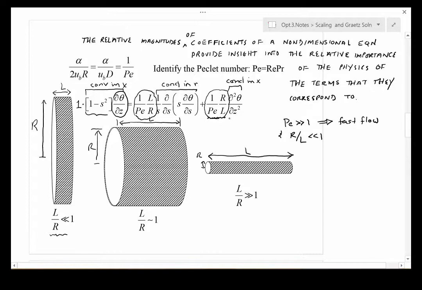And it says that the physics of conduction in the x direction would be very much unimportant for a fast flow in a small tube relative to the length of the tube. And you'll see that that's an important approximation that we will make in these types of systems.